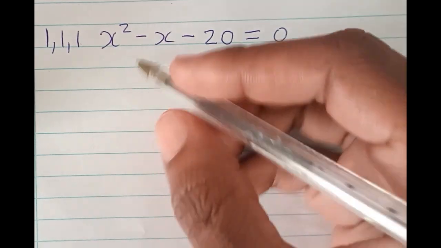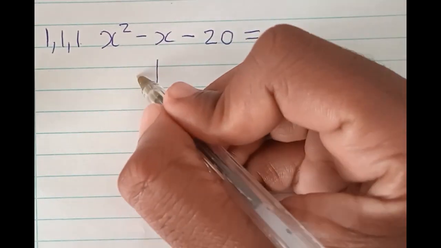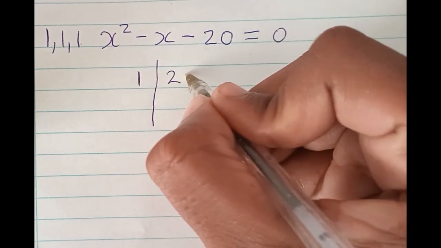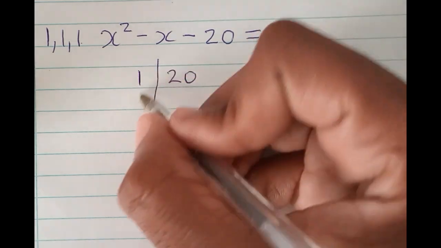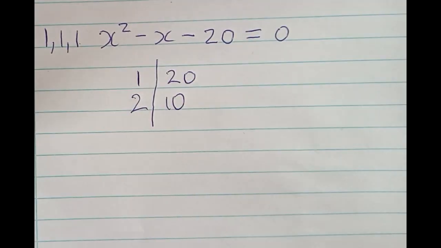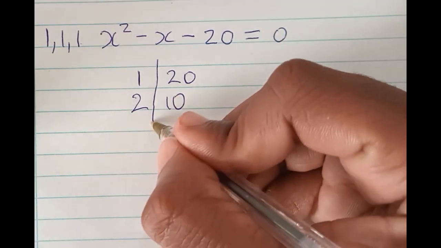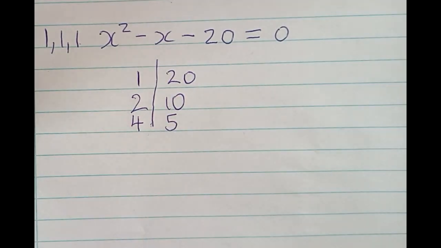But you can factorize it by just looking at the factors of 20. Factors of 20 will have 1 and 20, and we'll have 2 and 10. 3 is not a factor of 20. 4, yes, 4 and 5. Then 10 will repeat itself, so I'll stop here.